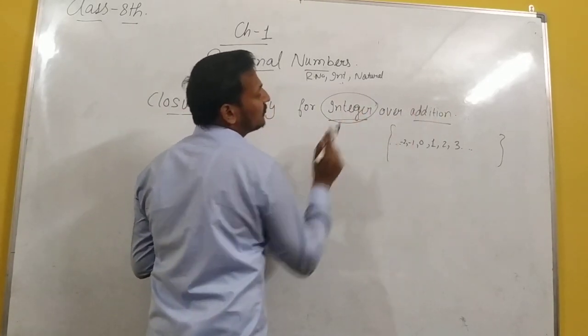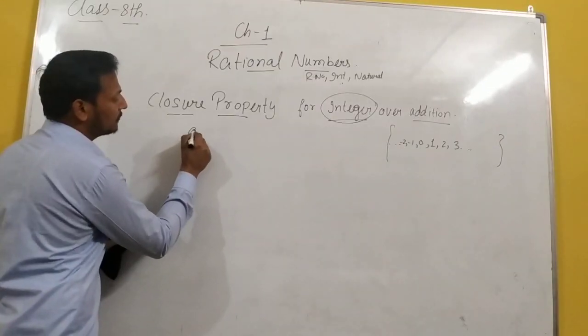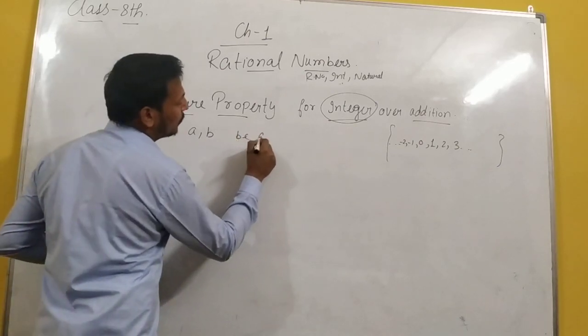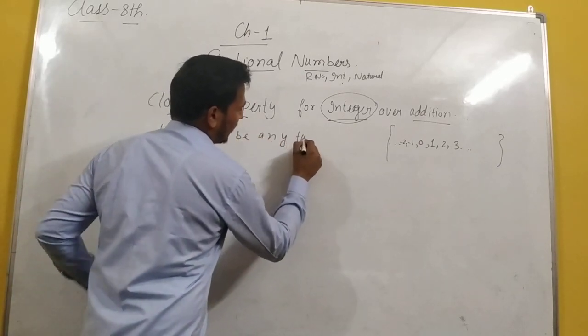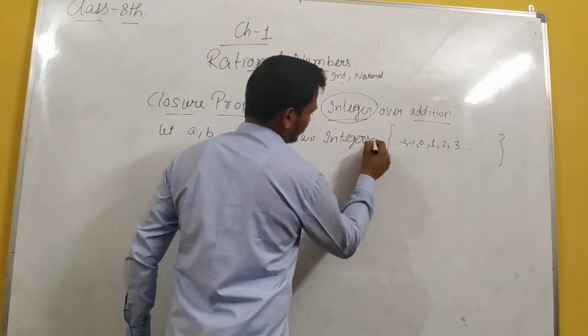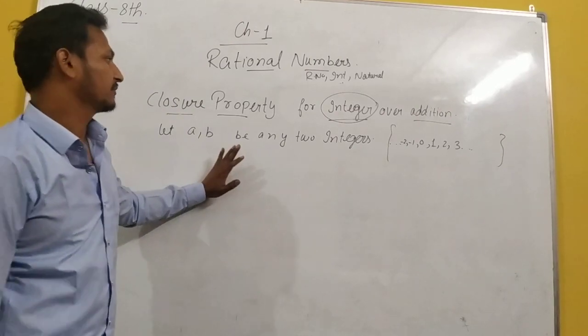Firstly, recognize your set. It's integers. Let A and B be any two integers.